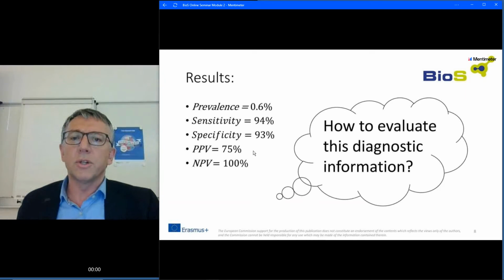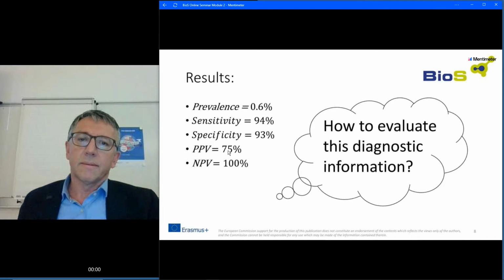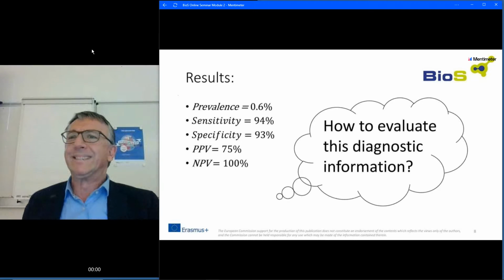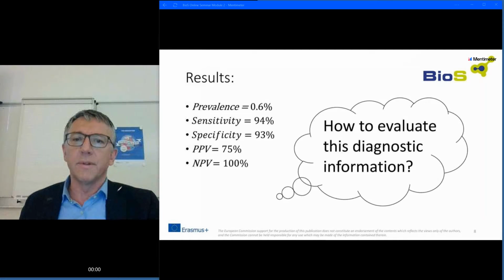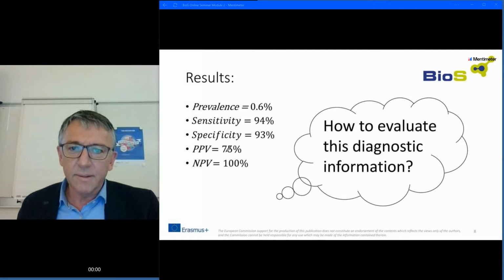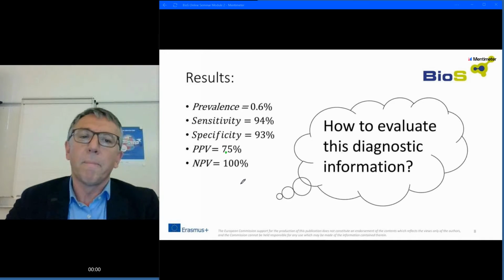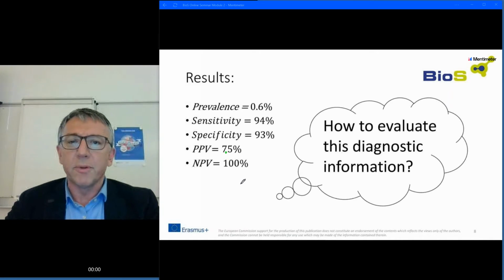And this is the information we can obtain from the test. So the positive predictive value is 7.5%.